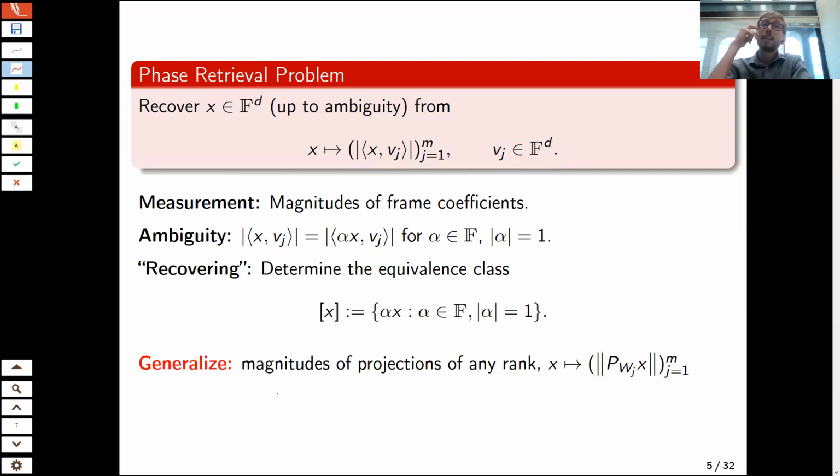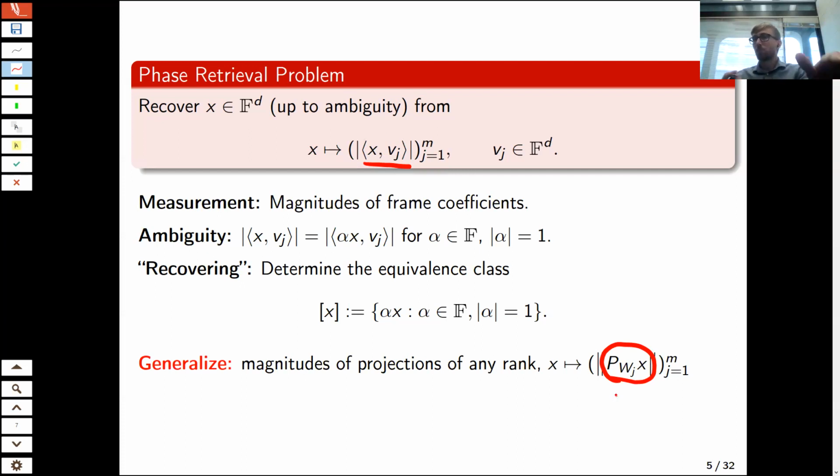This can be generalized from frames of vectors to the fusion frame version of the problem, where instead of magnitudes of frame coefficients, you take magnitudes of fusion frame components. Think of the inner product with Vj as a one-dimensional projection of X, giving you the component on a one-dimensional subspace. Instead, we could look at components of X on higher dimensional subspaces by projecting X onto a subspace Wj.